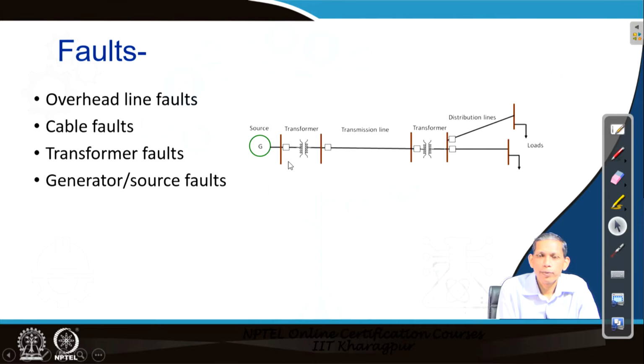It may be due to the insulation failure, or it may be due to transformer problems during lightning conditions, and faults can also be internal to the generator. So, whenever a fault happens in any of the system elements, that leads to disruption in power supply to the load, which is not desirable.